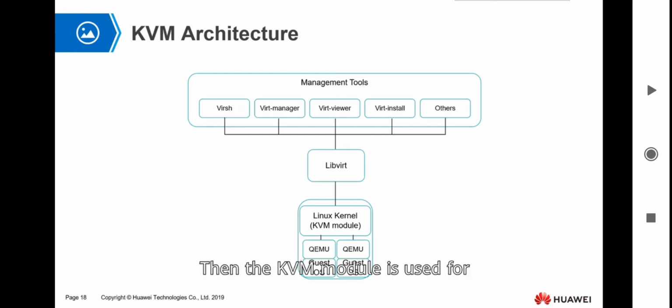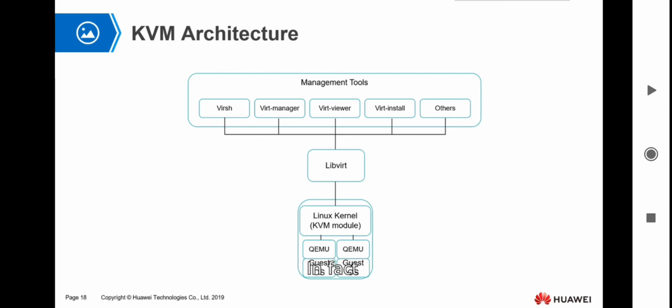The KVM module is used for CPU virtualization and memory virtualization. QEMU is used to simulate other I/O devices such as network cards, hard disks, and so on. That is, QEMU is used for I/O virtualization. QEMU plus KVM is a complete virtualization solution. Coupled with management tools that make it easy to manage, a more complete virtualization solution is formed.